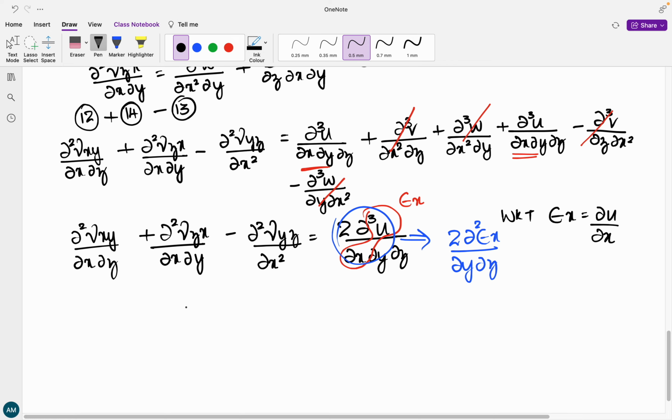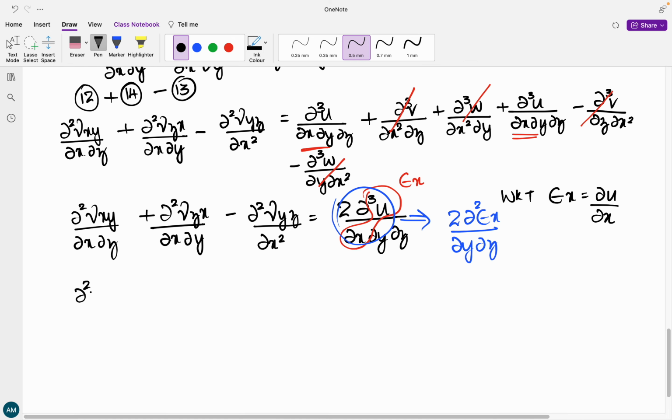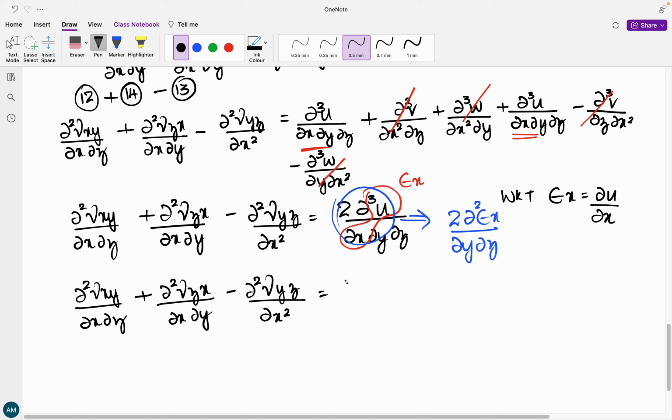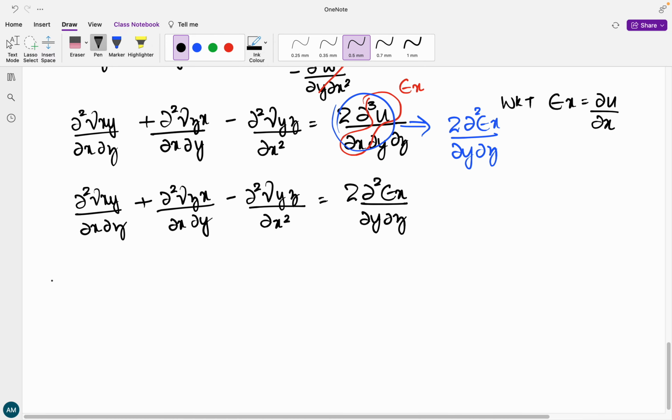I'll rewrite the equation. ∂²γxy/∂x∂z plus ∂²γzx/∂x∂y minus ∂²γyz/∂x² is equal to 2 times ∂²εx/∂y∂z. Similarly, we can write the other two equations. We know the cyclic order x, y, y, z, z, x.